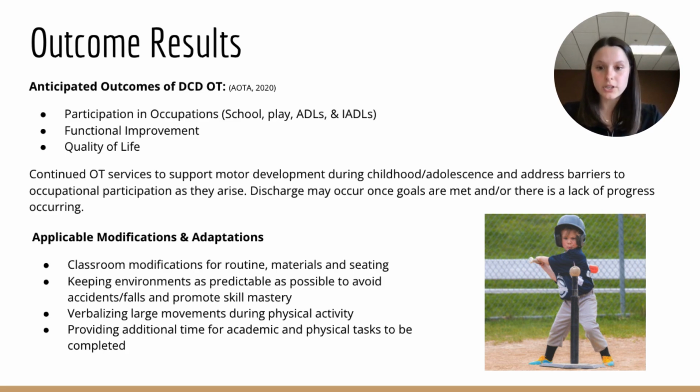Another modification you could make is keeping environments as predictable as possible. So one of the articles linked for you guys to read talks about just the activity of T-ball for young children and how children with DCD were more likely to be successful in making contact with the ball and being able to actually participate in the sport when the field and the setup of the tee and the ball and the bat were in the exact same place every single time.